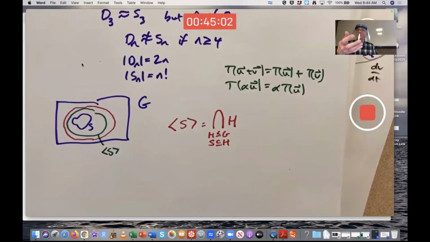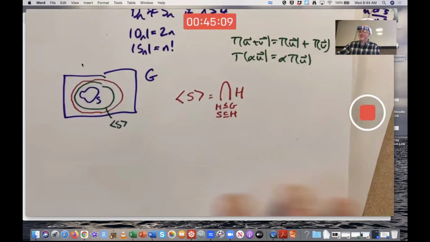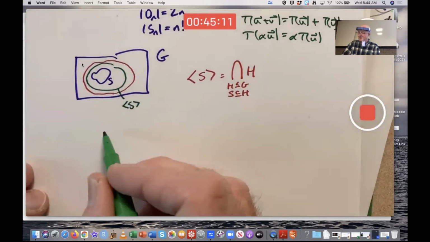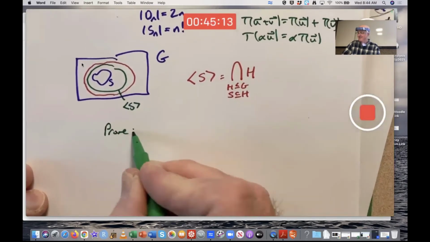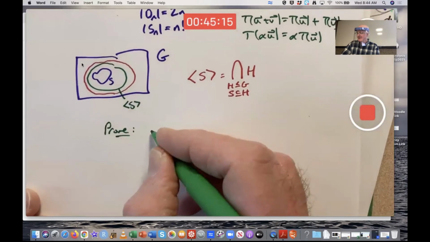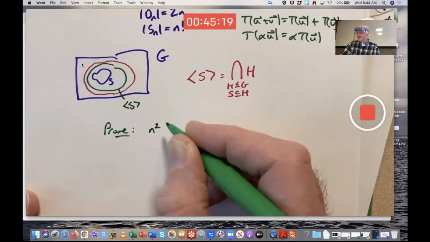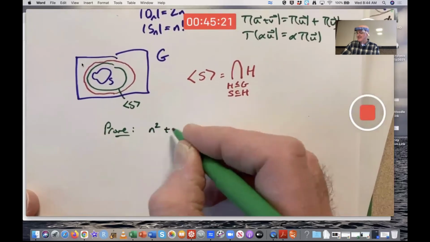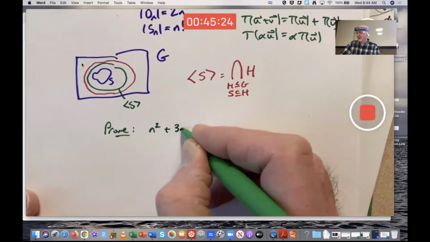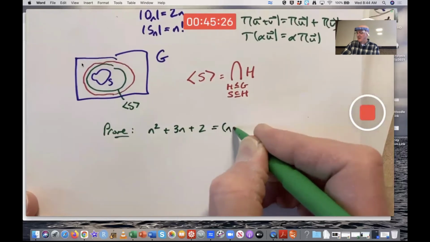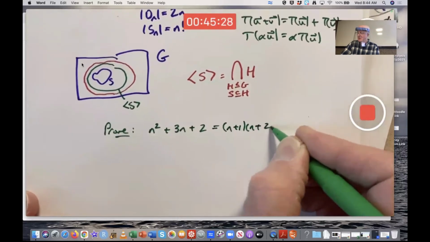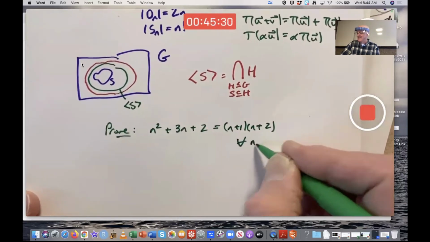There are some situations where you can prove something is true for all n without bothering to use induction. There's a really simple example. Prove n squared plus 3n plus 2 equals n plus 1 times n plus 2 for all positive integers n.